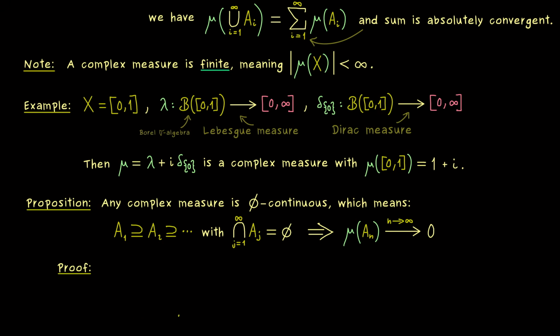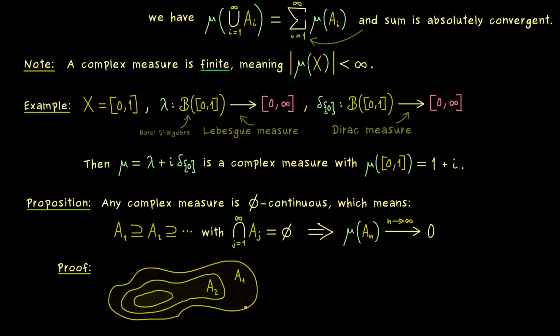And in fact, it immediately follows from the sigma additivity of the measure. So maybe let's say this one is A_1 and then we have A_2 in it and so on. And now in order to use the sigma additivity, you know that we need disjoint sets. And for example, we can construct disjoint sets by forming set differences. So in the picture we have A_1 without A_2 and we can continue that for every index k.